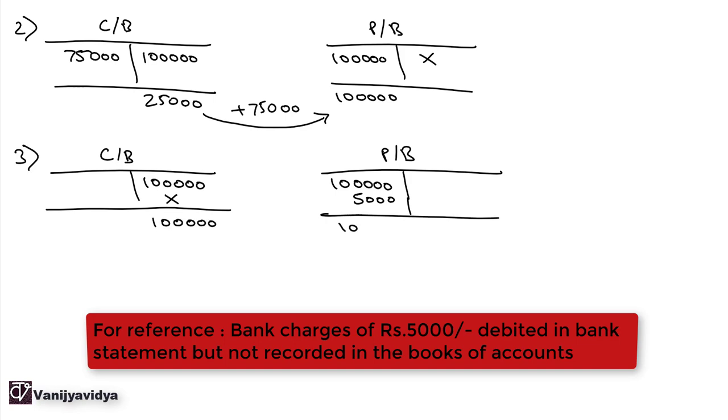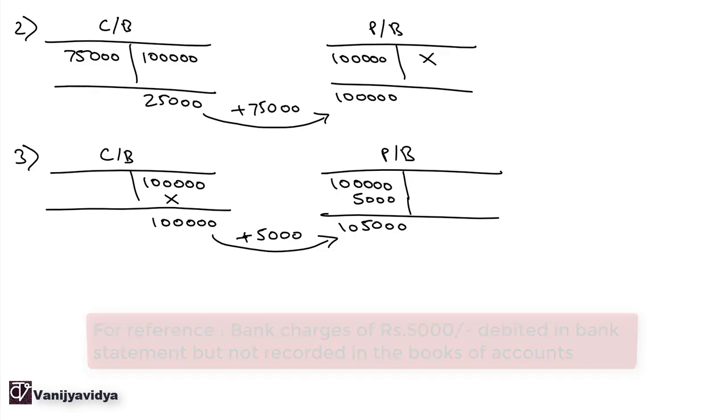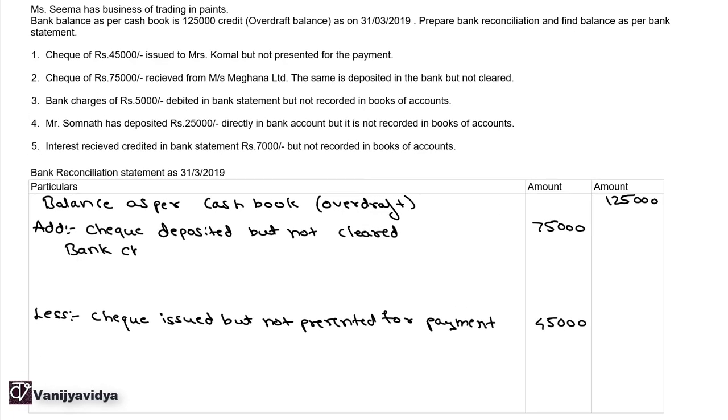Balance as per passbook is 1 lakh 5,000. We are moving from cash book to passbook, so we have to add 5,000. Now let's write this in the bank reconciliation statement. Add bank charges debited in bank statement but not recorded in cash book, 5,000.